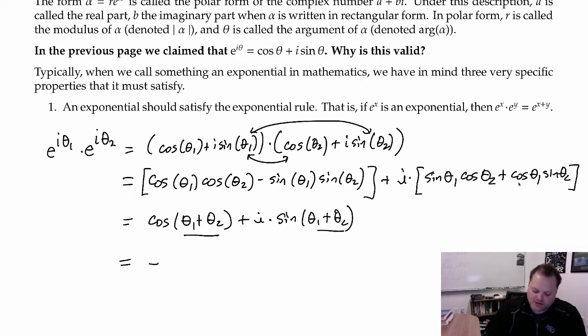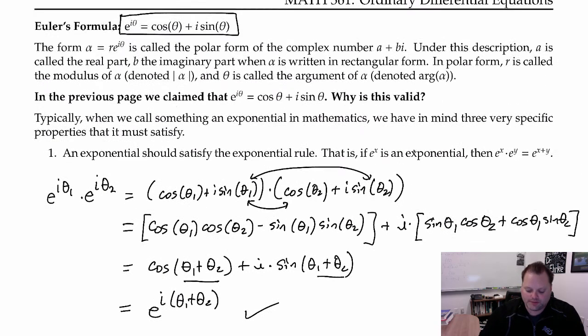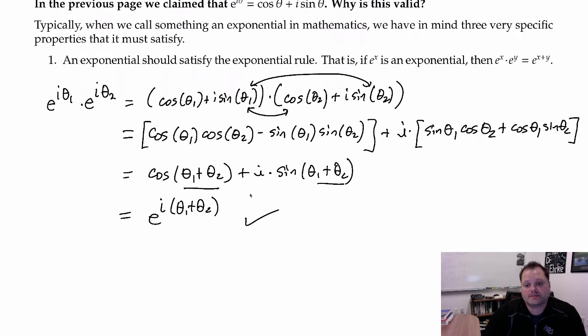So by definition, this is e to the i of that angle. And so the first check mark is in the book. This is Euler's formula, which I can't prove to you mathematically, but I'm defining cosine of theta plus i sine theta as e to the i theta, and here's my first piece of evidence.